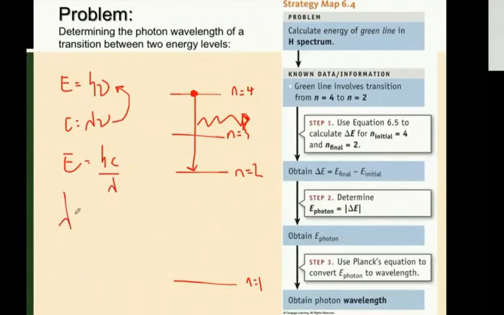So wavelength would be equal to h c over E. H and c are constants. H is Planck's constant. C is speed of light. So really, if we have the wavelength, we can find E. If we have E, we can find the wavelength.